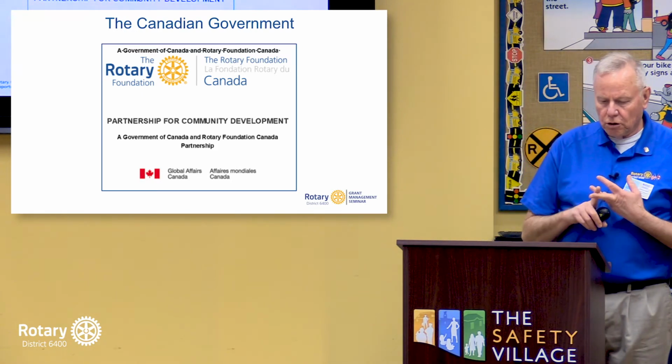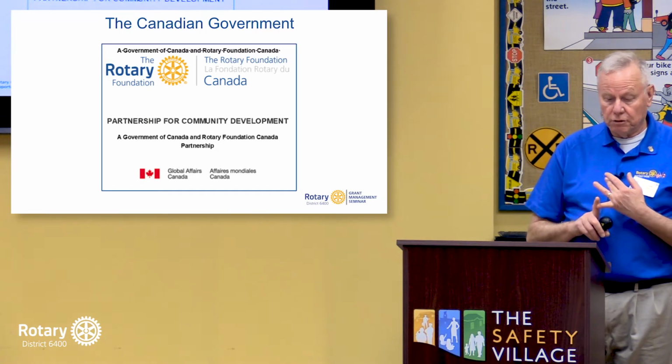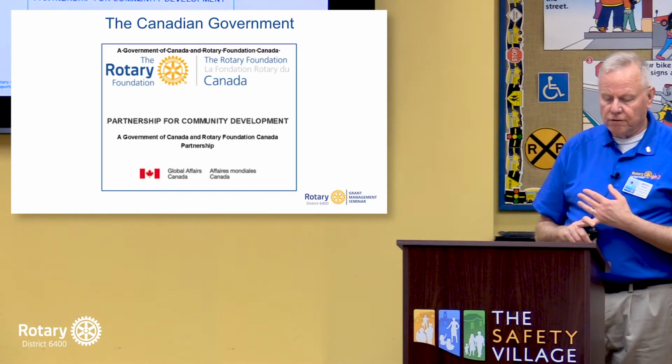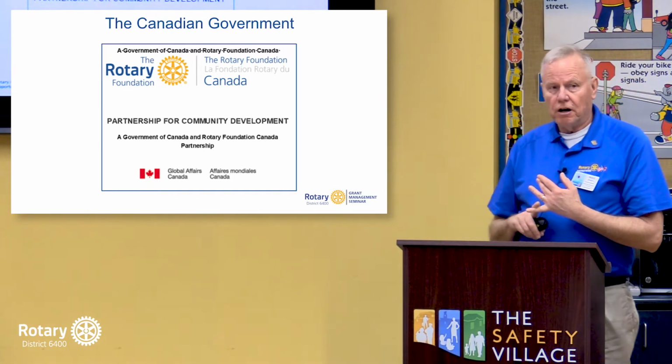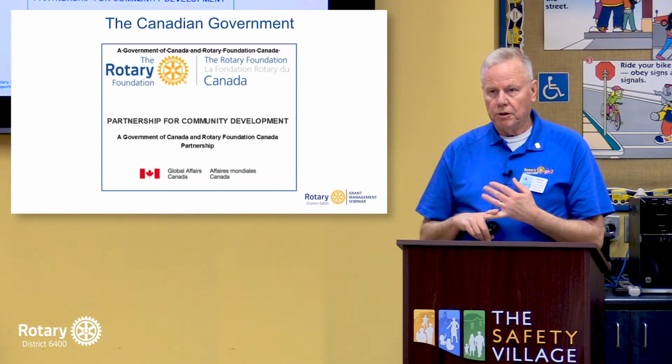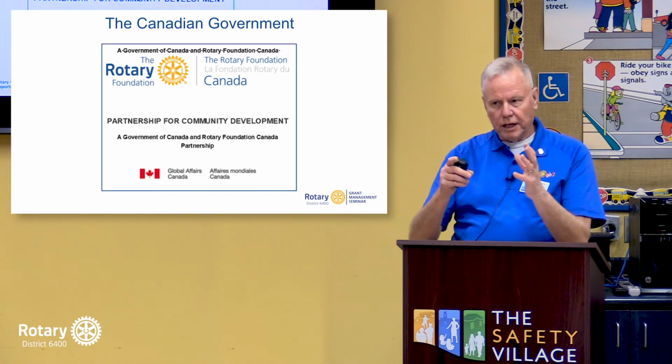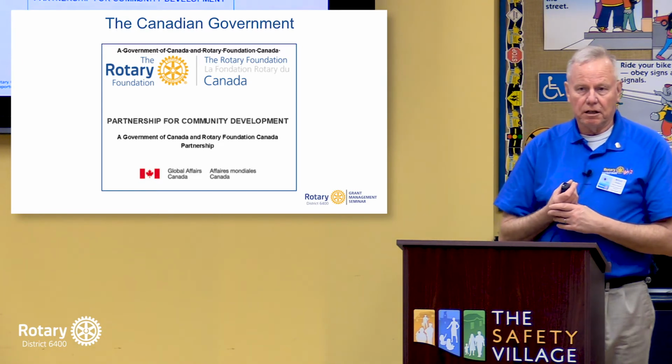Now, we don't get a whole lot into gender equity, nor into governance with Rotary grants. But we do get involved in the environmental sustainability. And just about every grant can be somehow engineered that way, but not everything necessarily can.